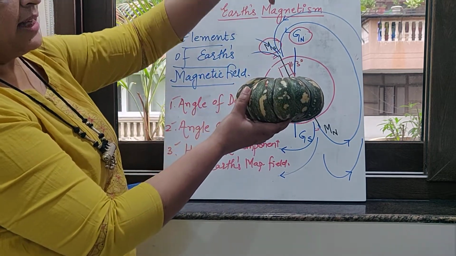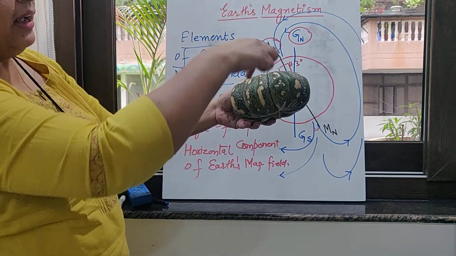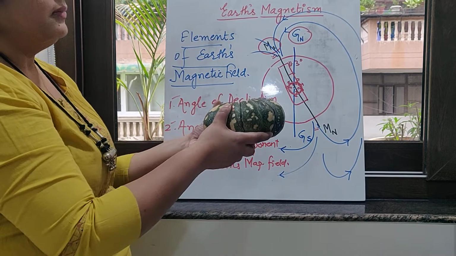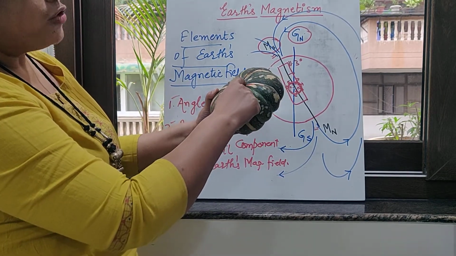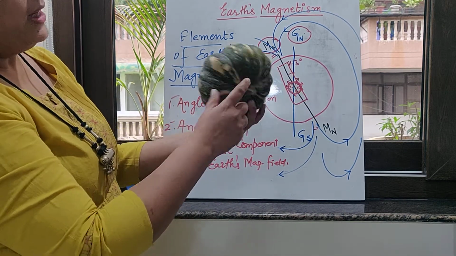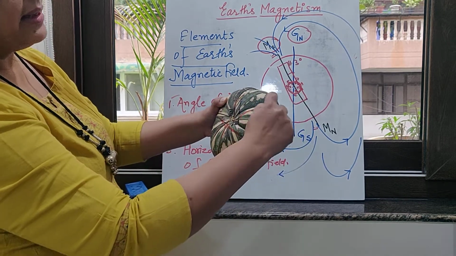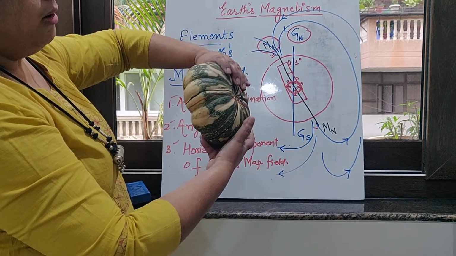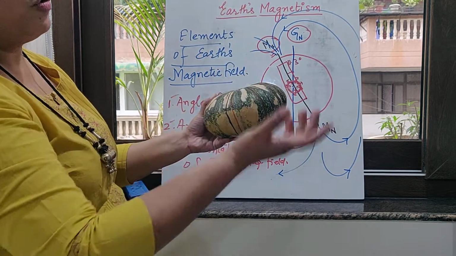Okay, so there is an axis passing through it, and it is representing the geographic north-south direction of the Earth about which it rotates. Now what we can draw is, from this point, we can draw various circles which will connect this point and this point. So I have drawn all these black lines, which you can see are connecting the North Pole with the South Pole. So there are many circles that you can draw.